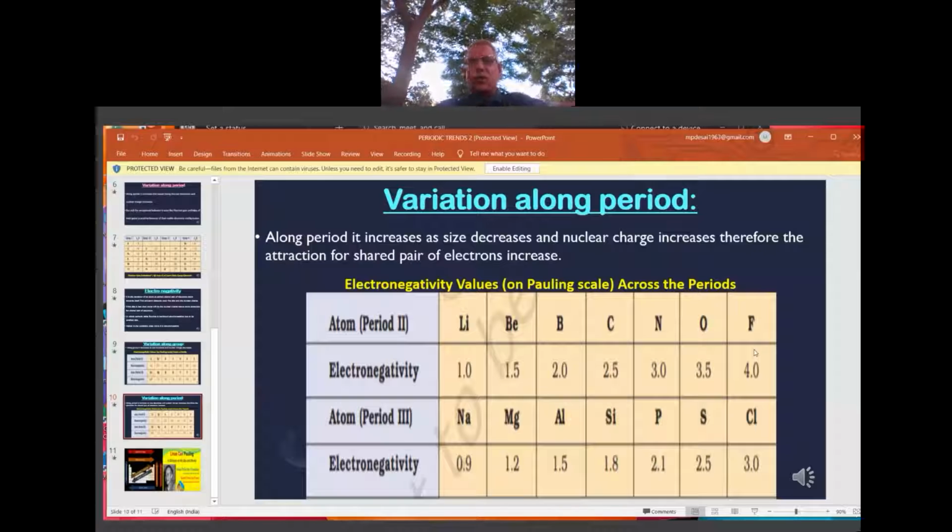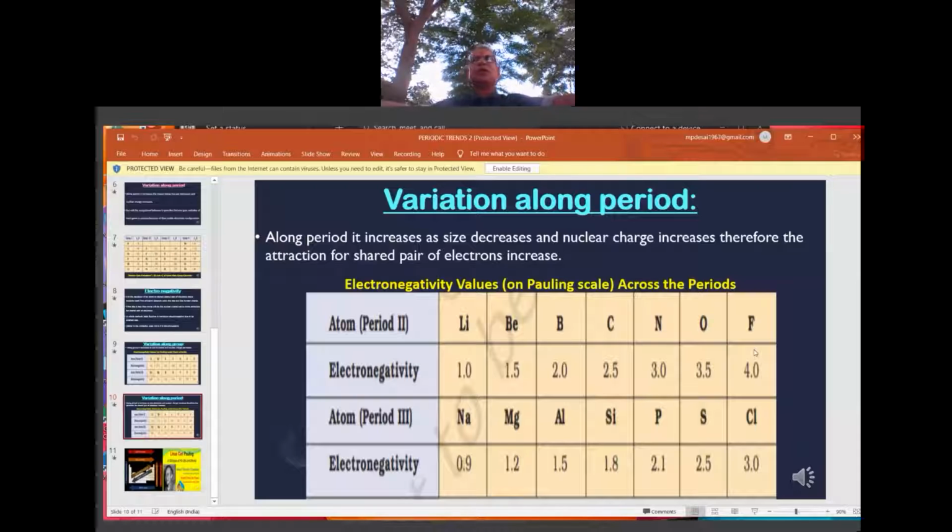That means fluorine is the most electronegative atom on the modern periodic table as of now. It is the boss of electronegativity. All other atoms are less than 4. So fluorine will never become positive. Fluorine will never lose, it will accept an electron.